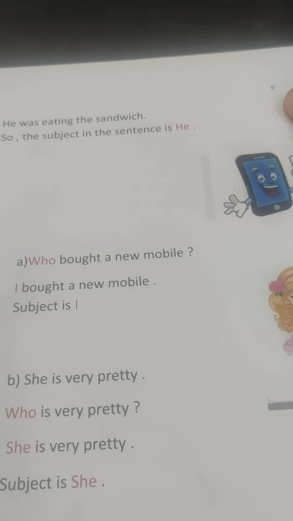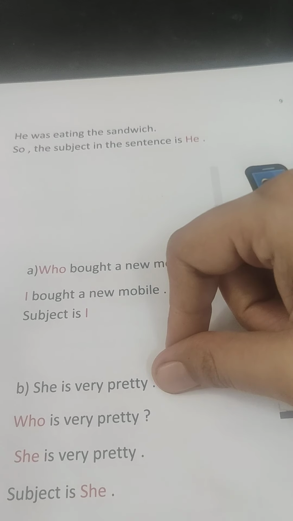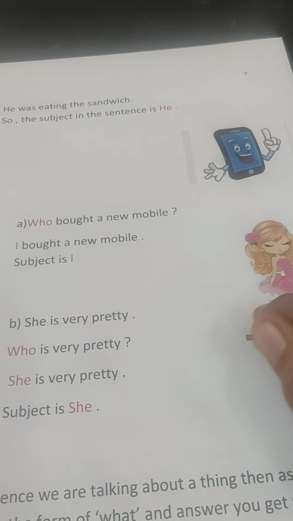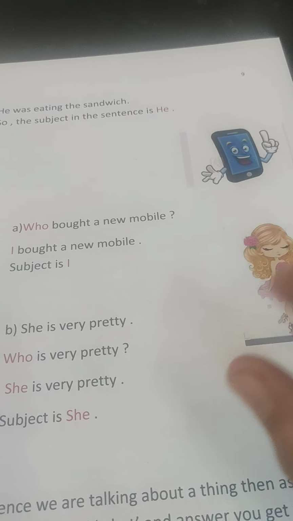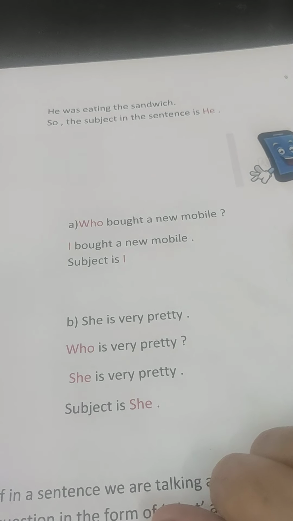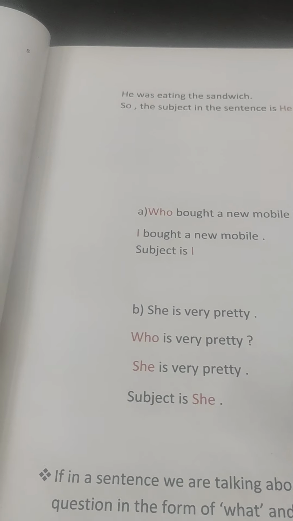Who bought the new mobile? The answer would be I. I bought the new mobile. So the subject would be I. Next is, she is very pretty. Now, she is a person. Ask the question: who is very pretty? The answer is she. So she is the subject here.